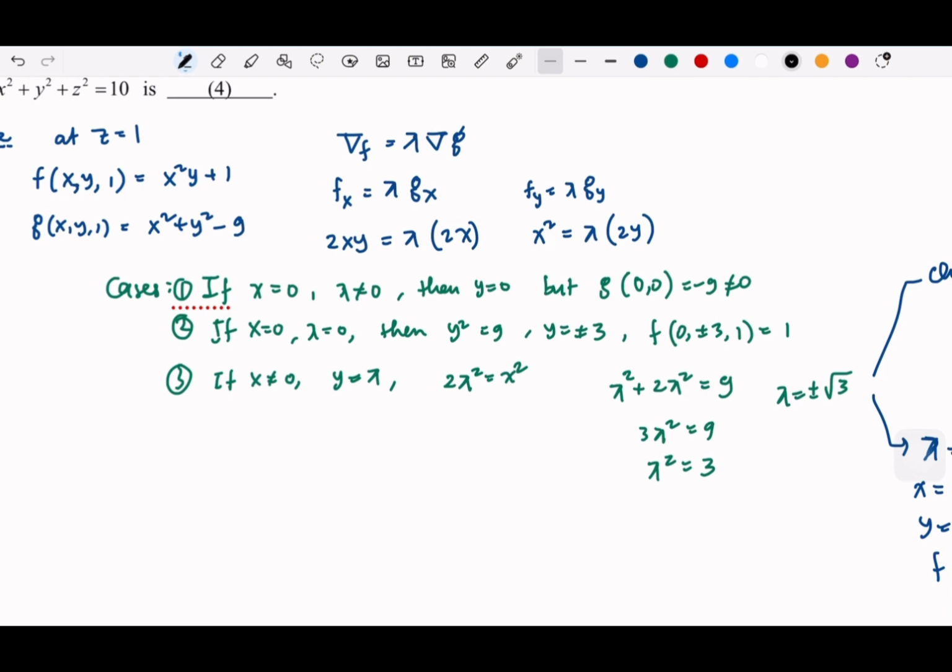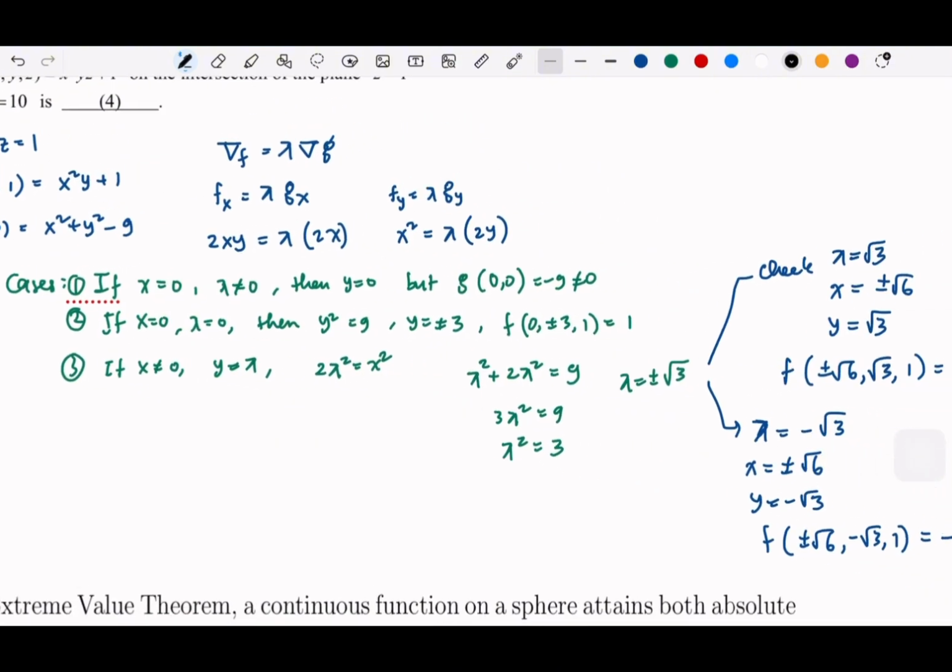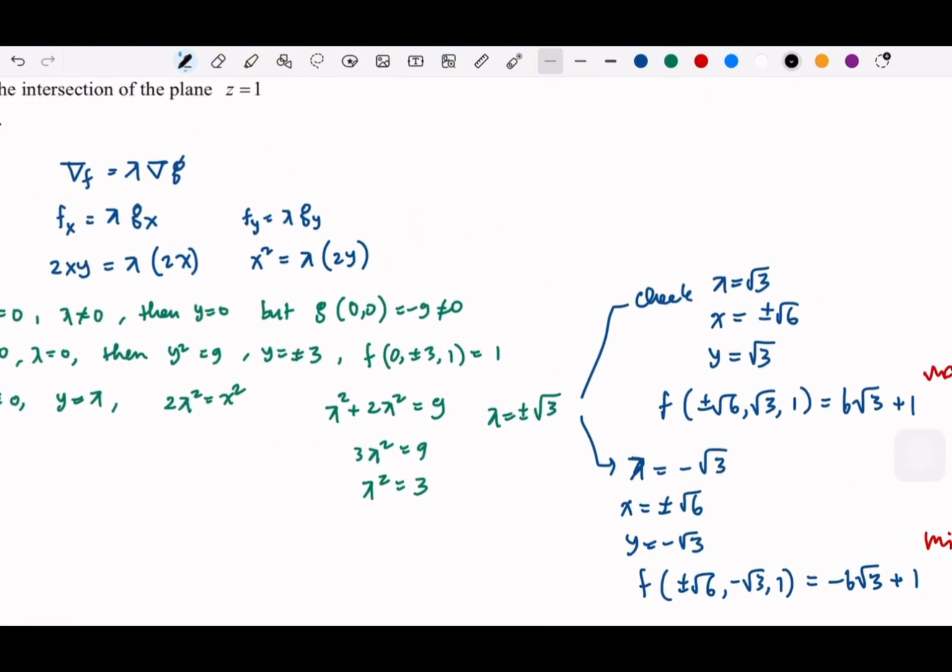Okay. So the first possible point is this. The other possible points, we could check this and then take this into the equations.